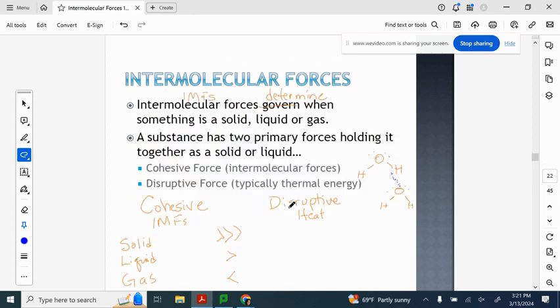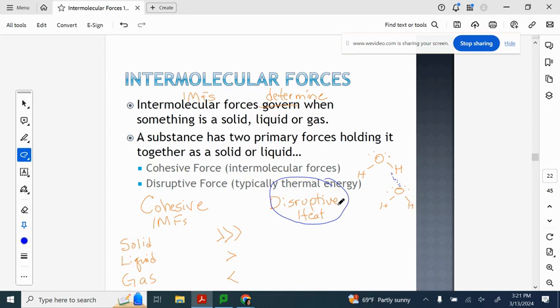Let me go back up to here. The difference is, are you adding this disruptive force in, a stovetop, for example? If I have a piece of ice there, it's going to melt if I put it on the stovetop, right? Heat it up.